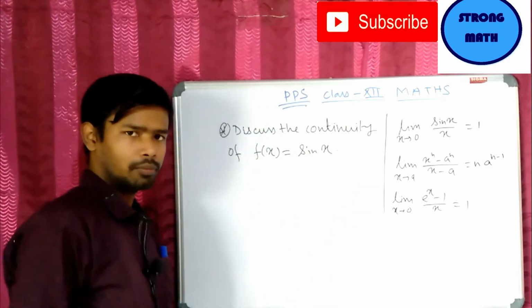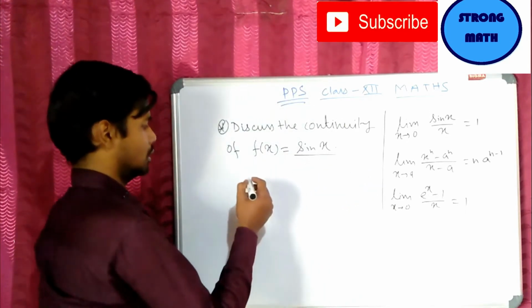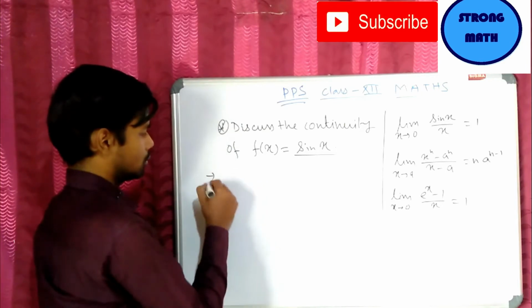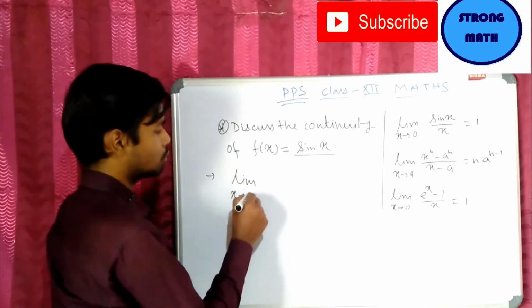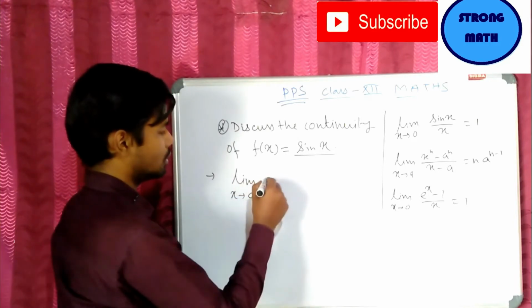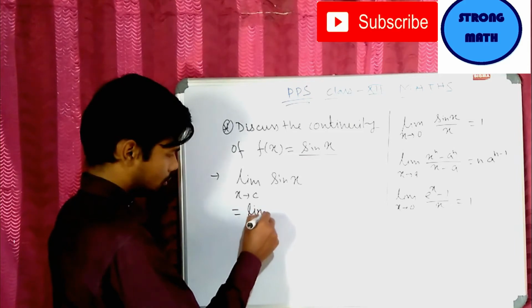So we have to check the continuity of the function sin x. Now limit x tends to c sin x equals limit h tends to 0 of sin(c + h).